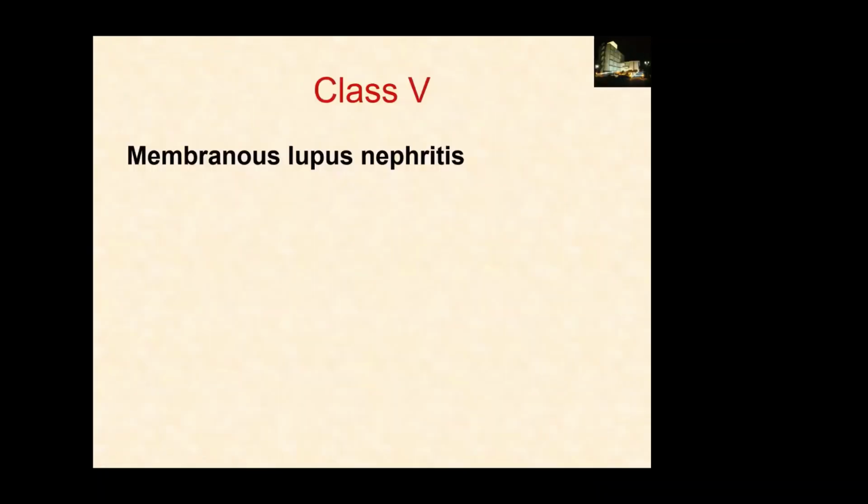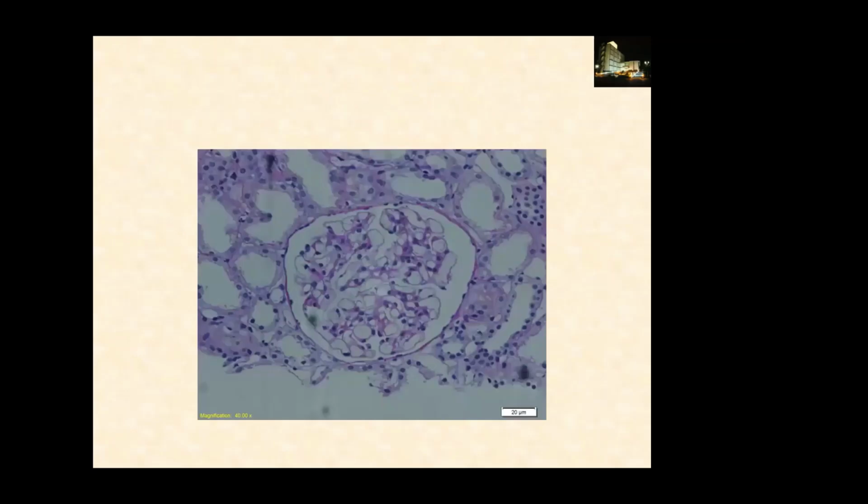Class 5 lupus nephropathy is like membranous nephropathy, and as described before in the nephrotic syndrome, the only abnormality is thickening of the basement membrane by a subepithelial deposit, and this will be highlighted in the lecture of electron microscopy.